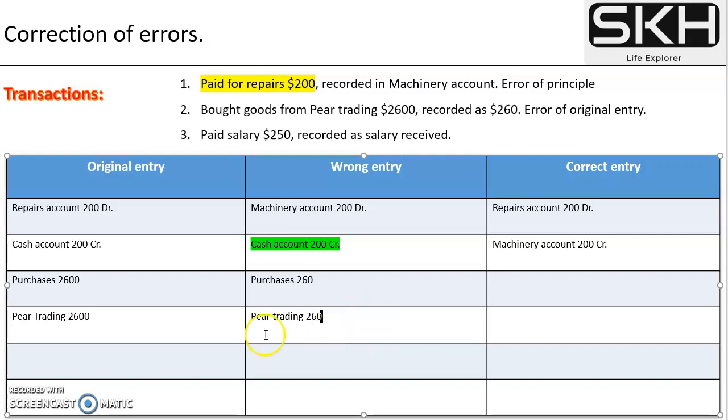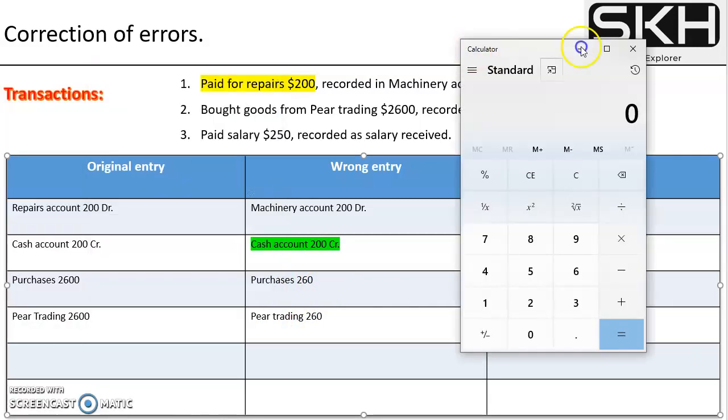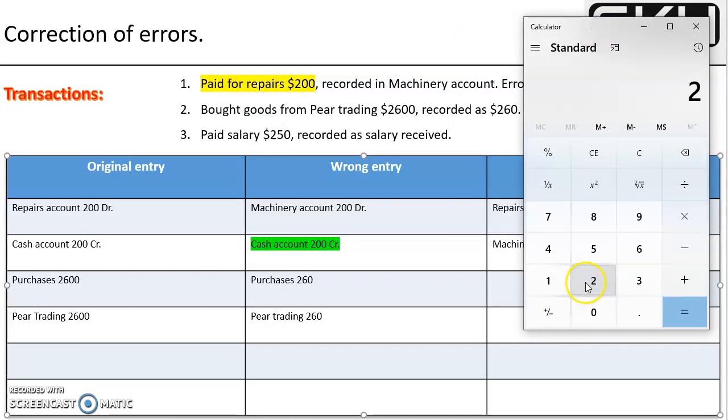So it means we have understated both accounts by how much? So we need a calculator for that. Instead of debiting purchases by 2600, we only debited purchases by 260. It means our purchase account is recorded $2,340 lesser. So we need to correct that.